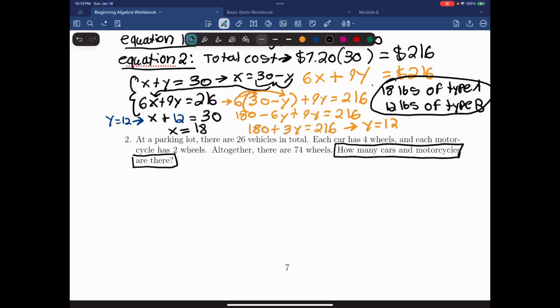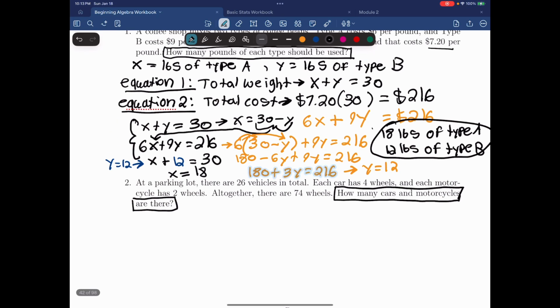So it's very similar to the first one. So with that being said, remember our first step is to assign variables. So we're going to say x is equal to the number of cars, and y is equal to the number of motorcycles.